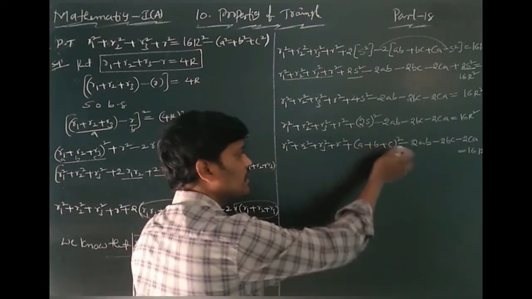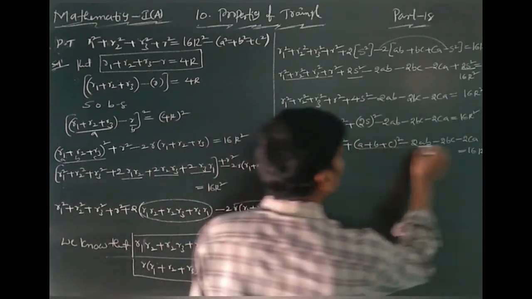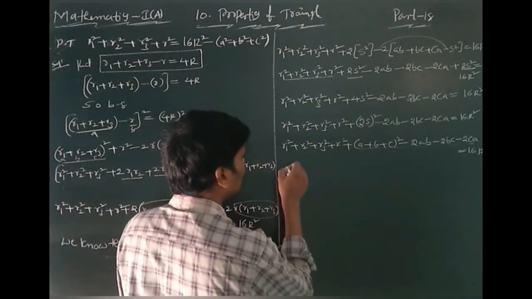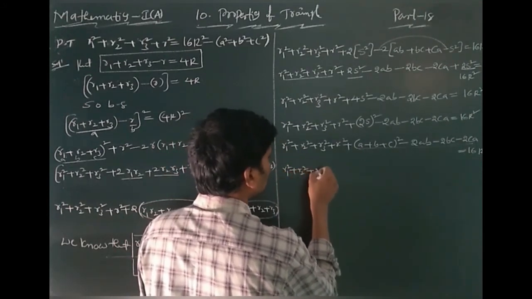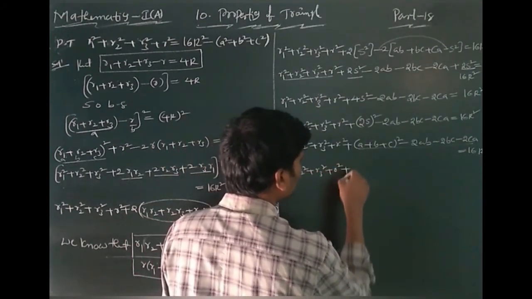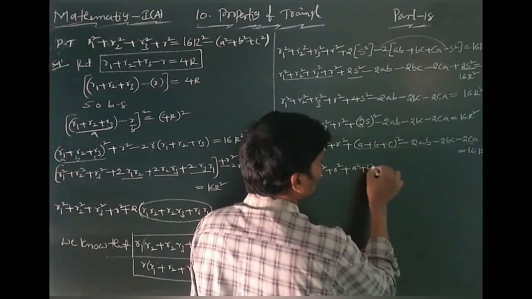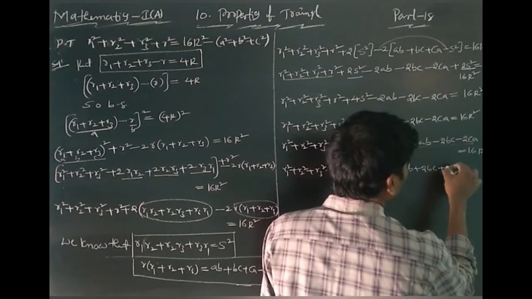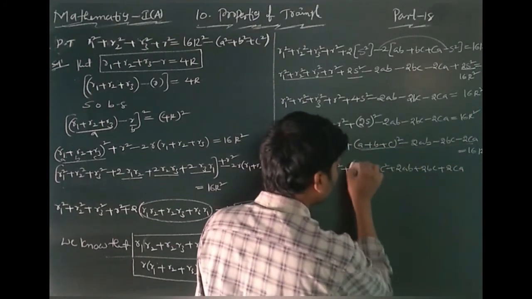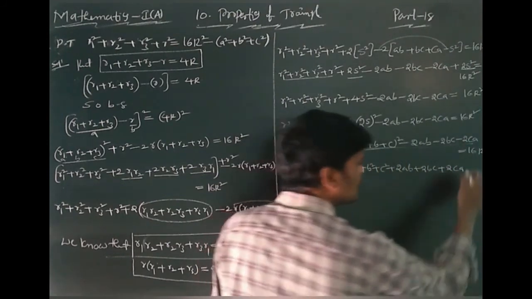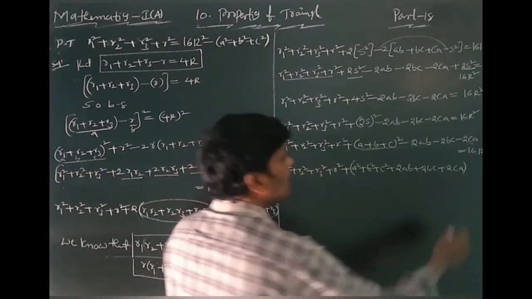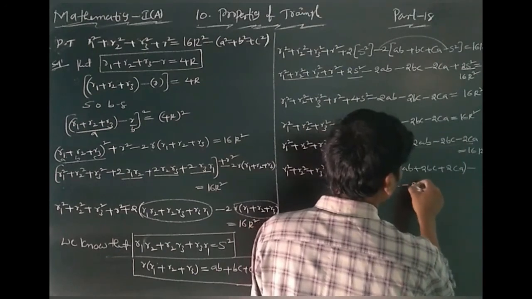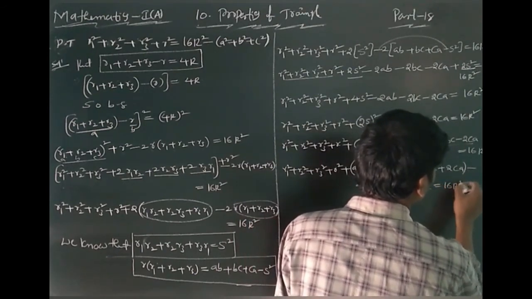In place of (a + b + c) square you can take this total value: a square plus b square plus c square plus 2ab plus 2bc plus 2ca. This is the (a + b + c) whole square formula. Minus 2ab minus 2bc minus 2ca is equal to 16r square.